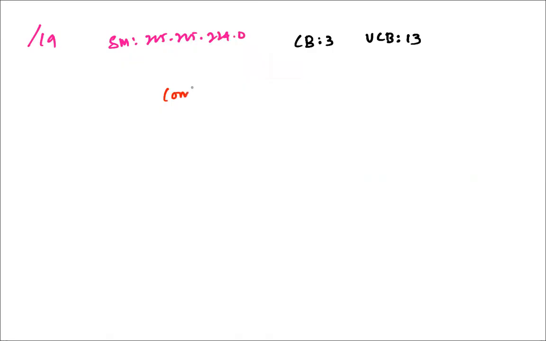What is the combination? 2 power 3 networks into 2 power 13. How can we split 13? 2 power 5 into 2 power 8. So we're going to have 8 networks into 32 into 256 IPs. Clear?